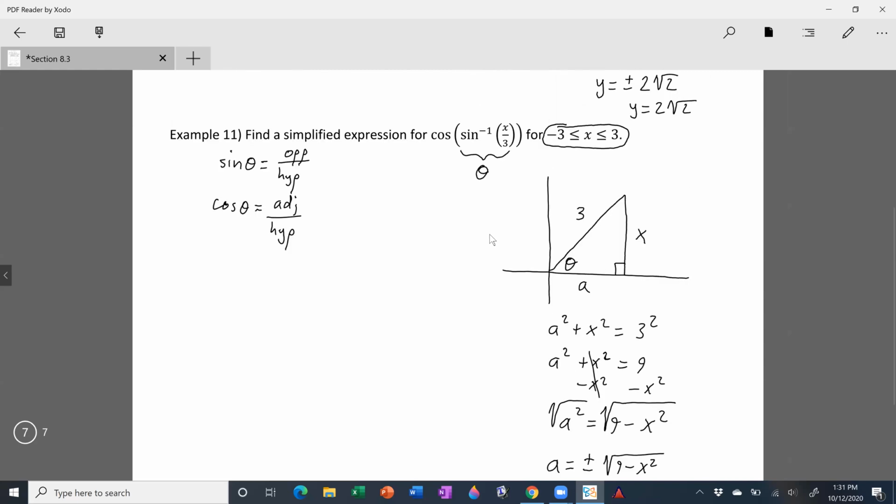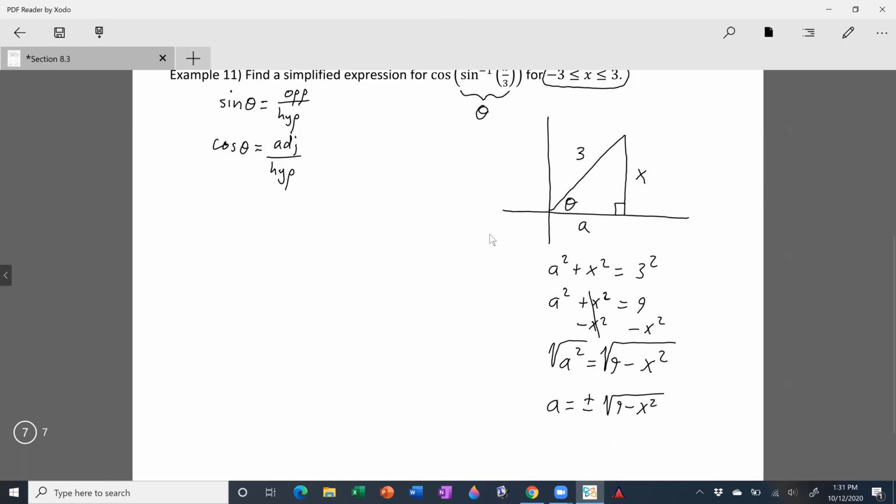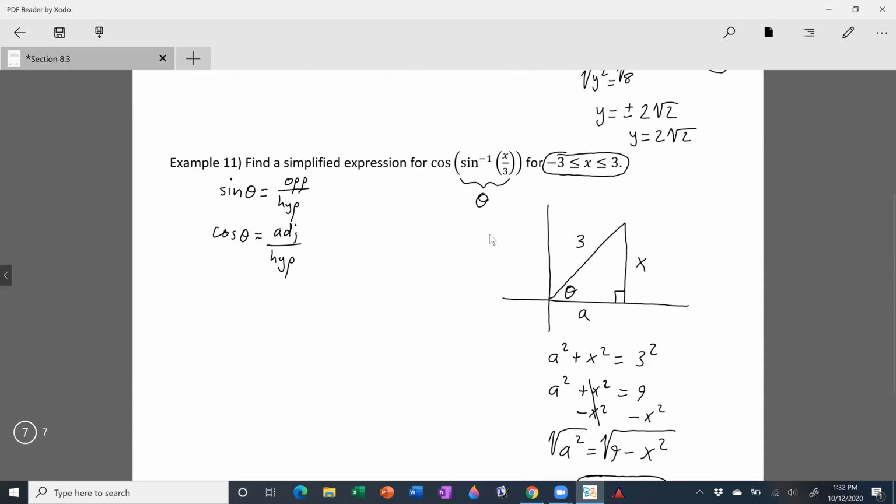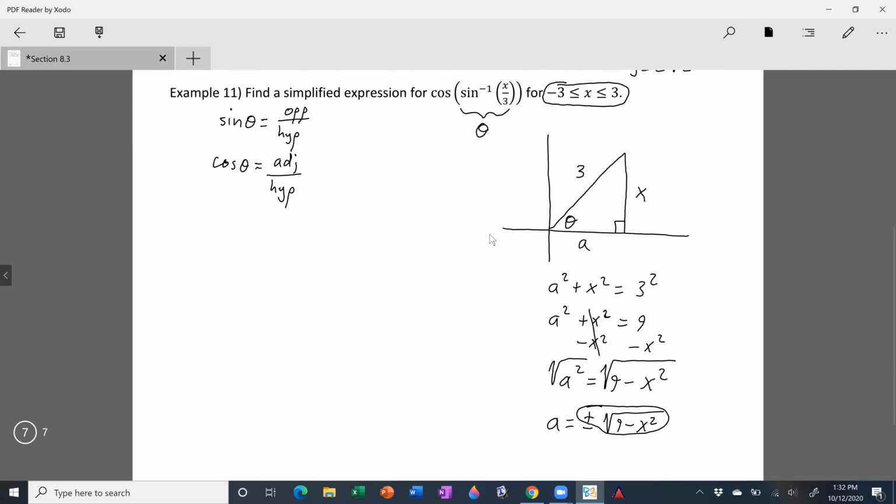So I think it makes not too much difference if we just go cosine of sine inverse of x over 3. I'm pretty sure that we can just pick the positive version, and it won't make too much difference because x is going to be involved anyways. So we know that cosine of an angle is adjacent over hypotenuse.